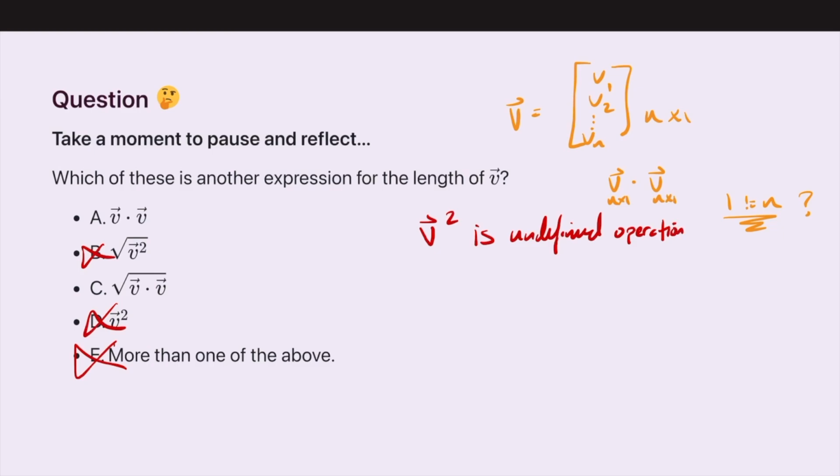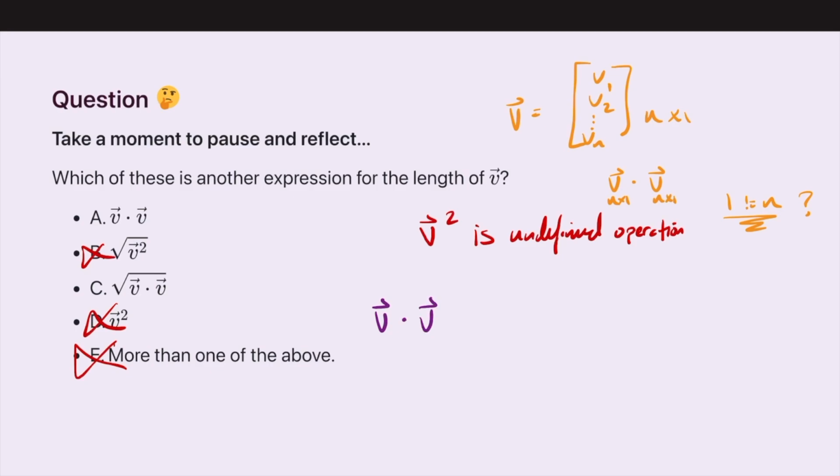Okay, so that leaves us with A and C, which are both potentially viable, but we'll soon see. Let's assume we have v transpose times v here. So what would that look like?